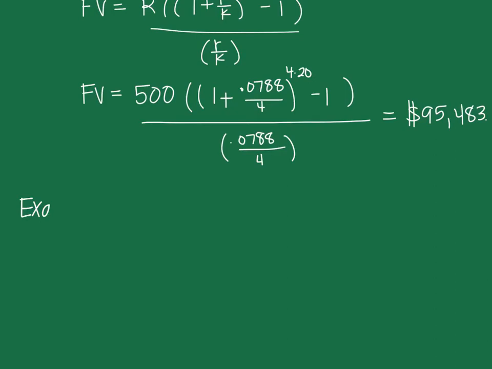It works backwards though too, because if you borrow money and have to pay it back, you end up paying back a huge amount of money. So let's check that.